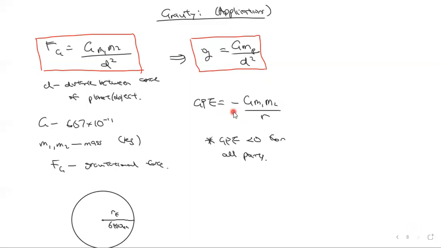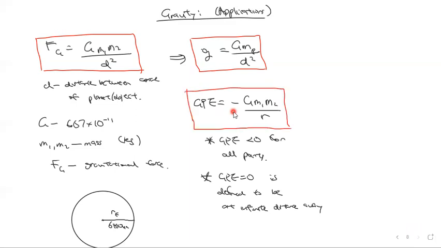And that's why 0 is defined to be at an infinite distance away. Of course, you can never actually be at an infinite distance away, but that's the idea, and that's when your GPE equals 0.